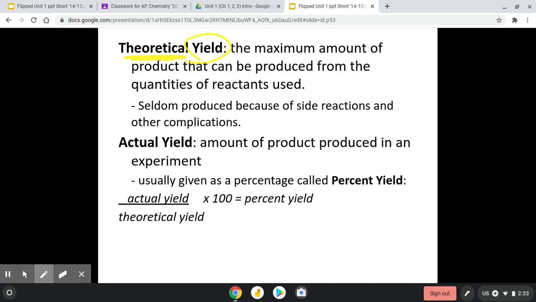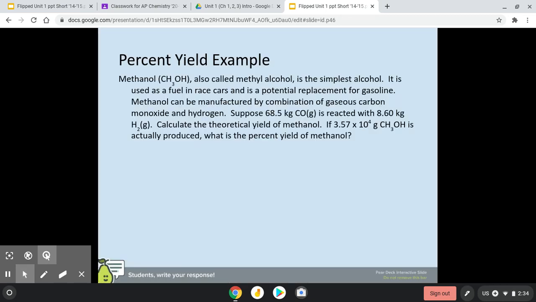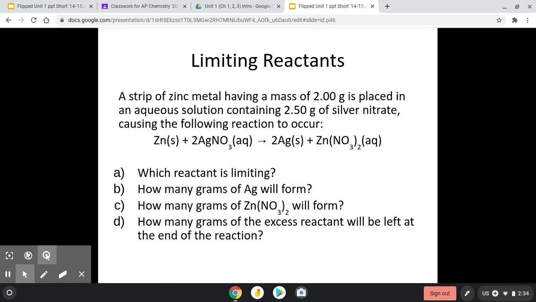So a couple slides ago, we had this question where they gave us, let me actually go back, see if I can find it. Okay, this question, they gave us amounts of zinc and amounts of silver nitrate. So we had 2 grams of zinc and 2.5 grams of silver nitrate.